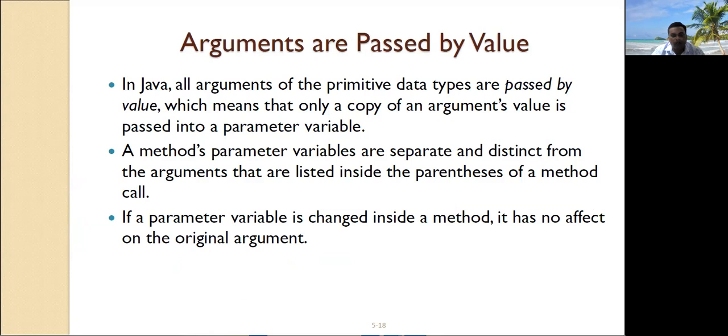In argument passed by value, we are passing the actual values to a called method, whereas in argument passed by reference, we are passing the object as an argument to the called method.